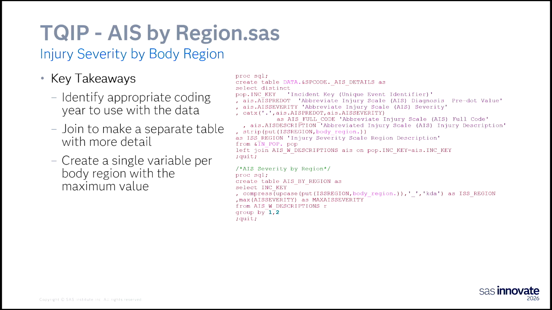In fact, right now, the AIS is actually categorized by the injury code. So each injury that a person has as they're going through a trauma event, you could break a leg and an ankle and a finger, and all those things would have different severity scores.